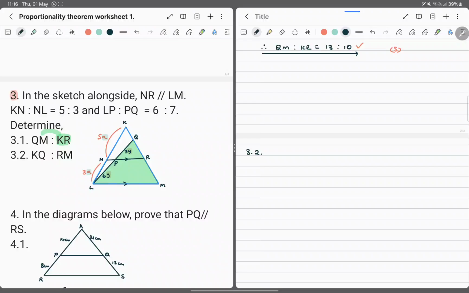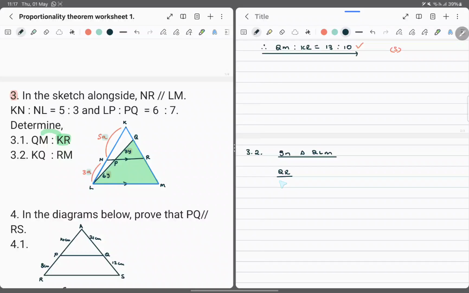Now, we will see that essentially in triangle QLM, what we have there, we are interested in QR in terms of RM.